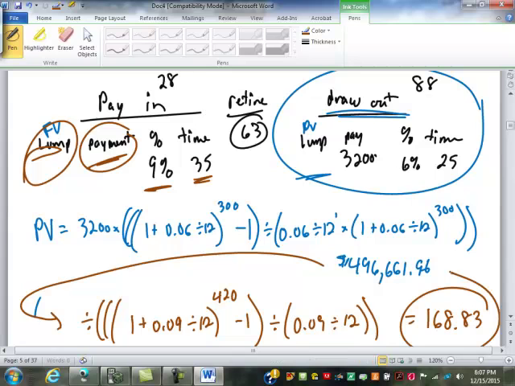So for 35 years, if you pay in $168.83 a month at 9%, you'll be able to draw out for 25 years $3,200 a month at 6%. Like I said, number 25, the percent is 7% going in both directions, so it's a little bit easier.